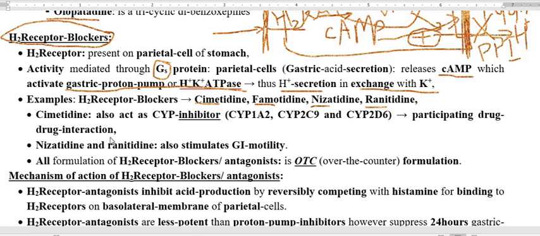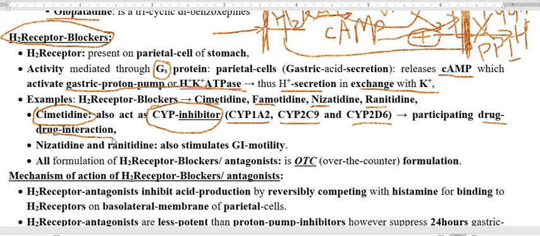The drug cimetidine, as an H2 receptor blocker, not only blocks this, but also inhibits the liver metabolizing enzyme cytochrome P450, particularly CYP1A2, CYP2C9, and CYP2D6, and therefore this is going to produce drug-drug interactions.